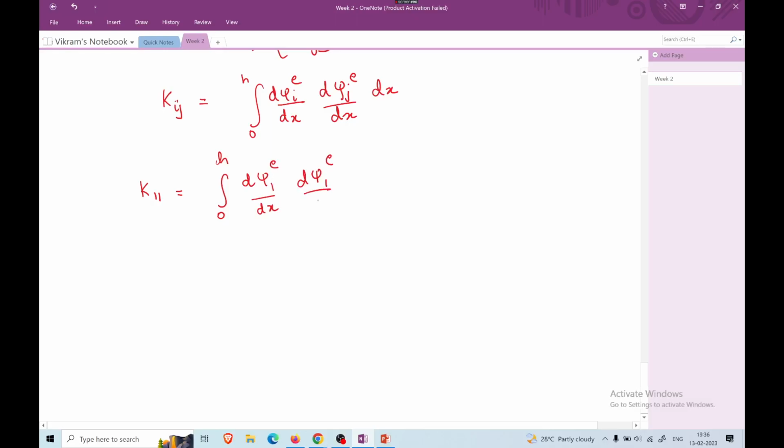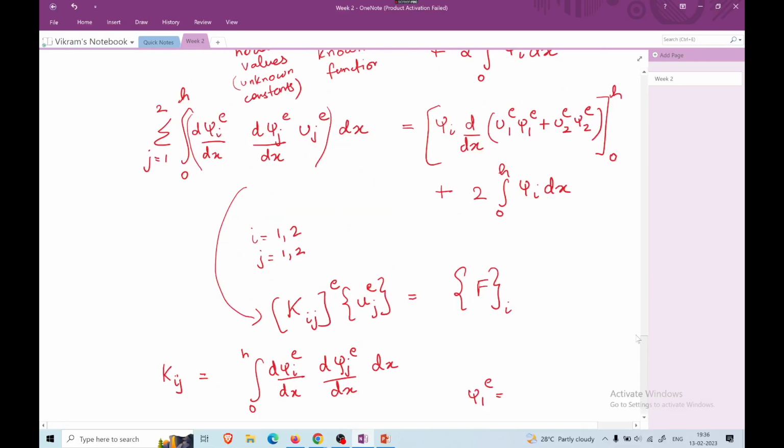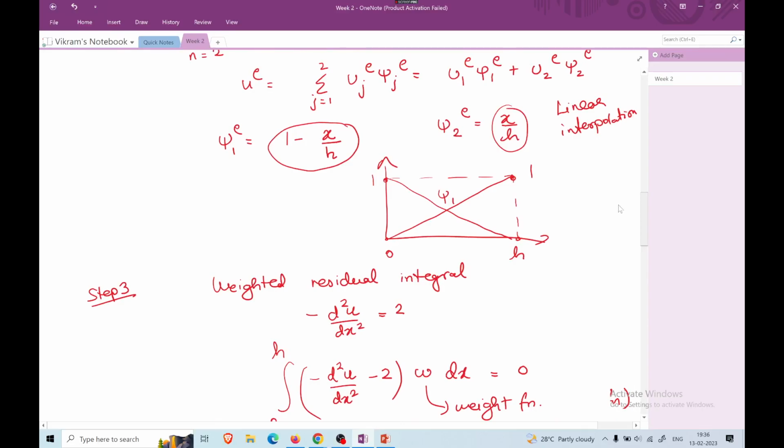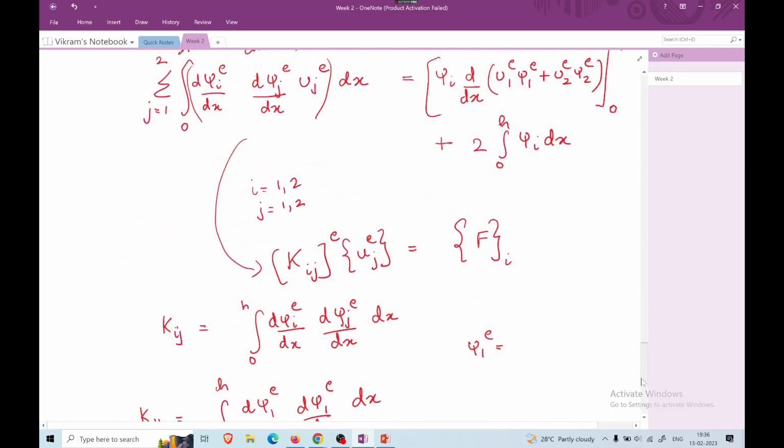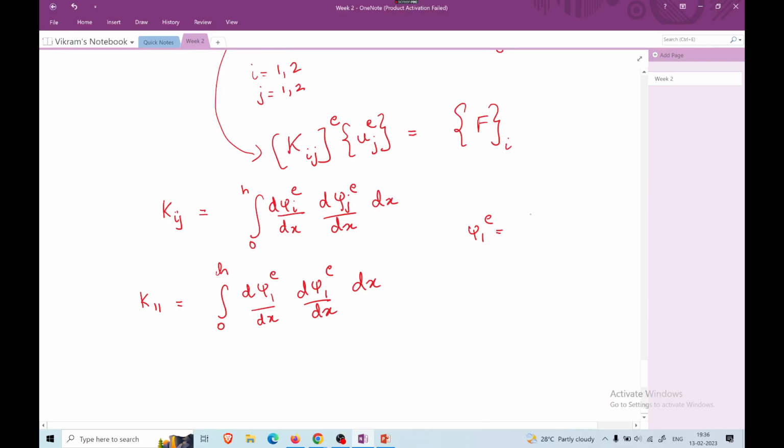Psi 1. Can you recall what is psi 1? We long back defined what psi is. So psi 1 is 1 minus x by h, psi 2 is x by h. X is the local coordinate. So what is d psi 1 by dx? It will be minus 1 by h. Is it correct? Yes, sir.